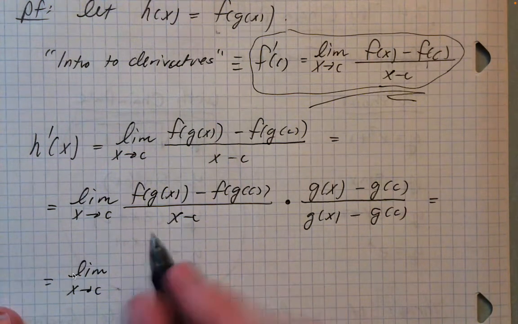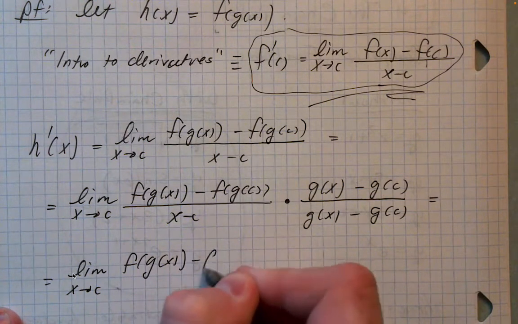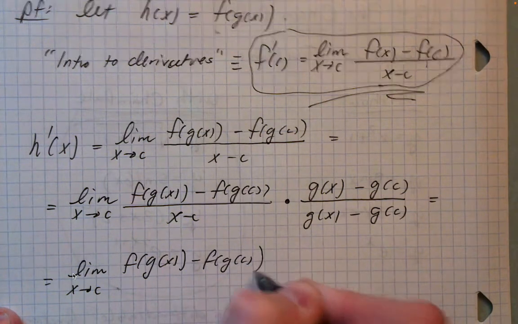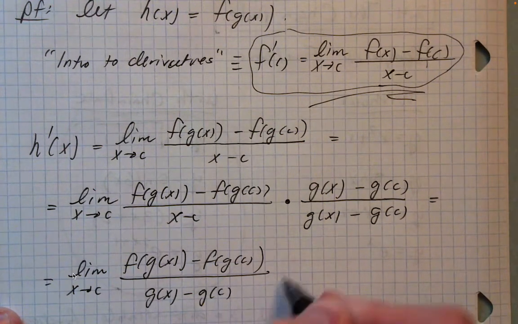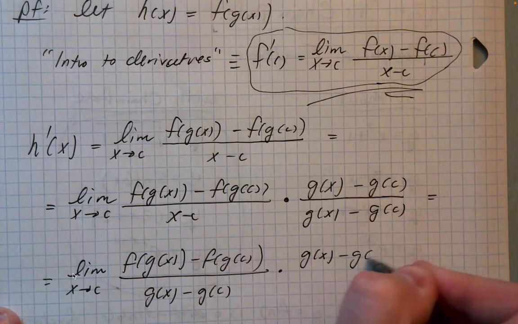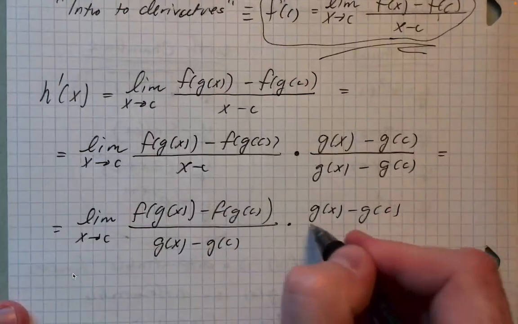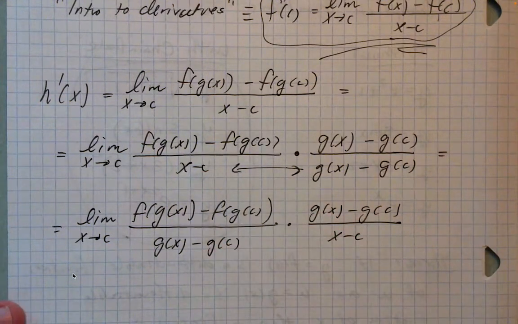So when we do that, over here we've got g of x minus g of c, all divided by x minus c. So you see what we've done is we've just swapped those.